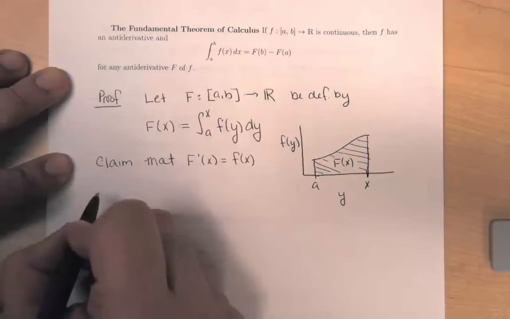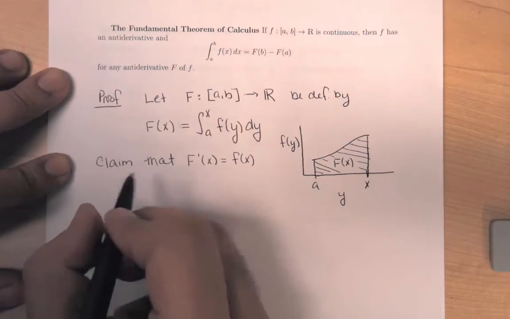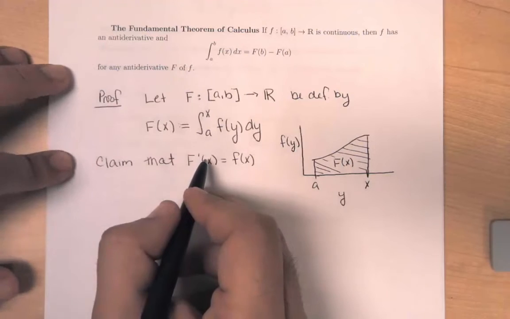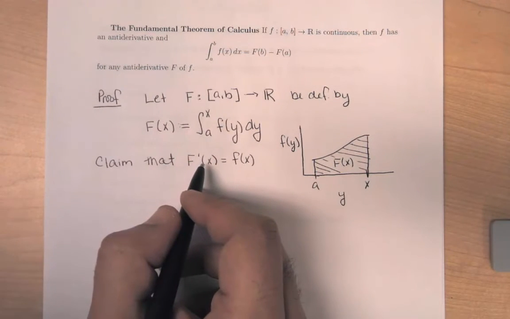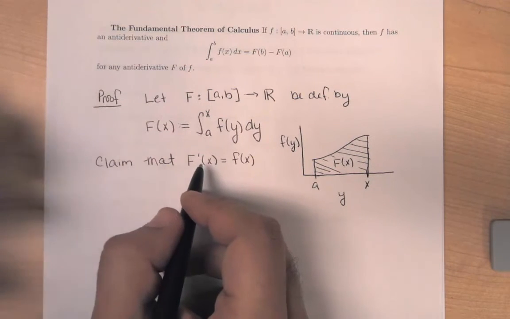Now, let's consider the definition of the derivative. If you forgot, it is the limit of secant slope as the width of the secant goes to 0.